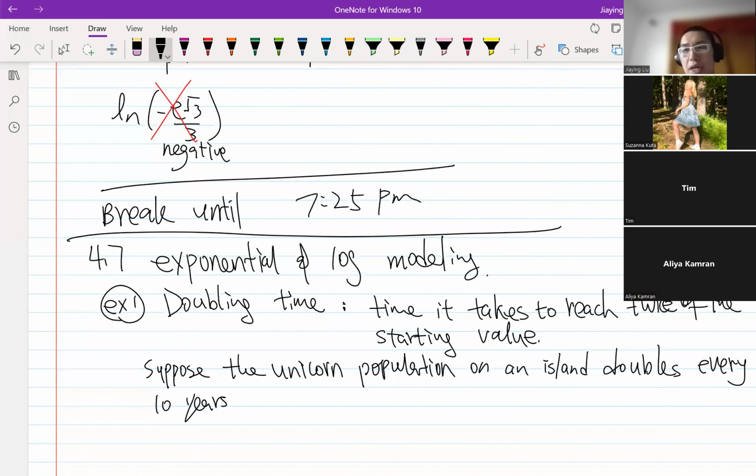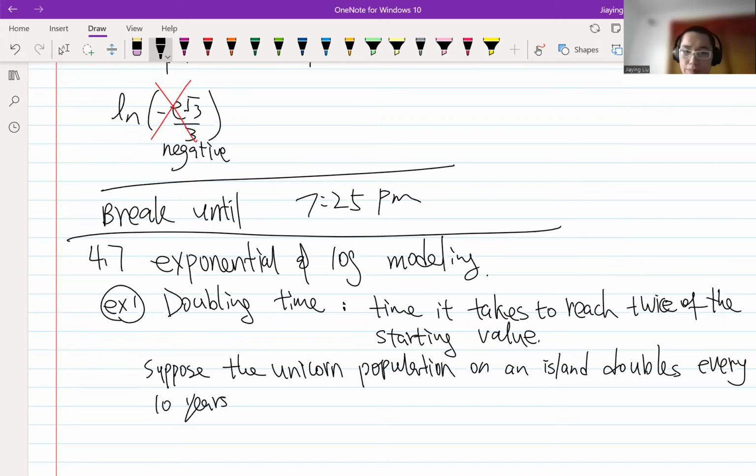What that's saying is that for the population of unicorns, if we start with some number, it will reach twice that amount in 10 years. So the doubling time in this case is 10 years because it takes 10 years to reach twice whatever the population began with.